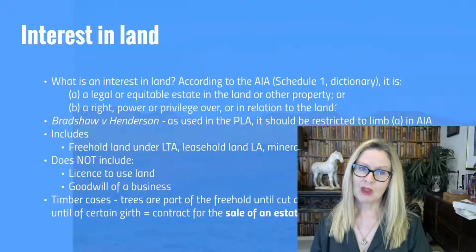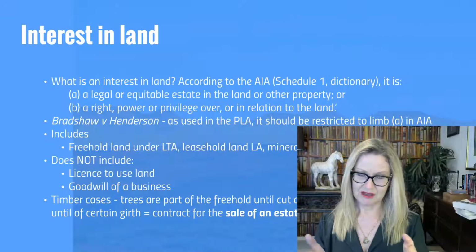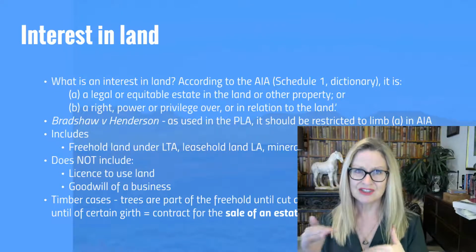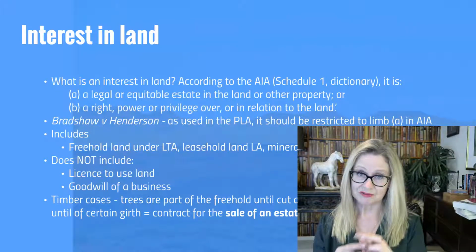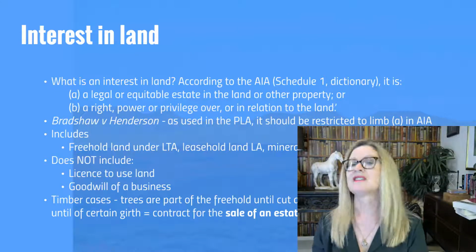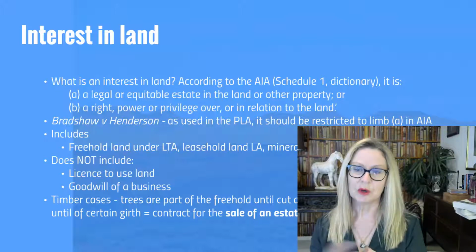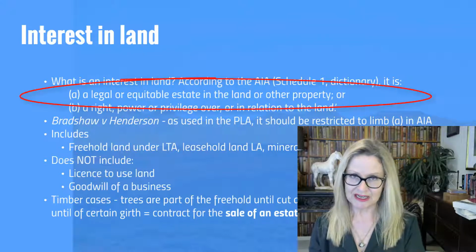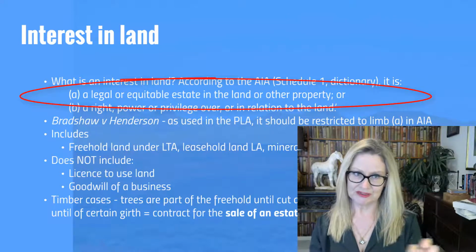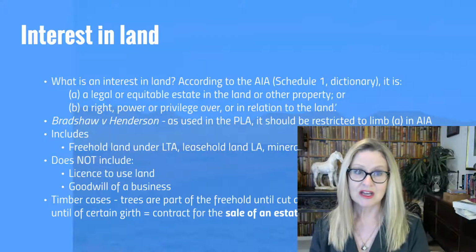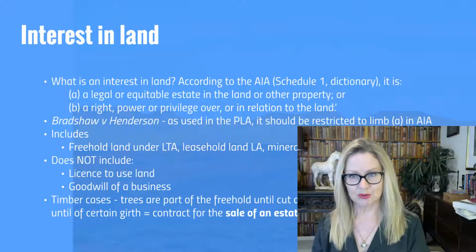And in Bradshaw and Henderson, basically they read that definition in the AIA down for the purposes of Section 59 of the Property Law Act. And they said where you're looking at the requirements for proof before you can go ahead and take an action on a contract for the purposes of the PLA, really an interest in land is going to be confined to the definition in the AIA that equates to that first limb that I've got there, paragraph A, legal or equitable estate in the land or other property.